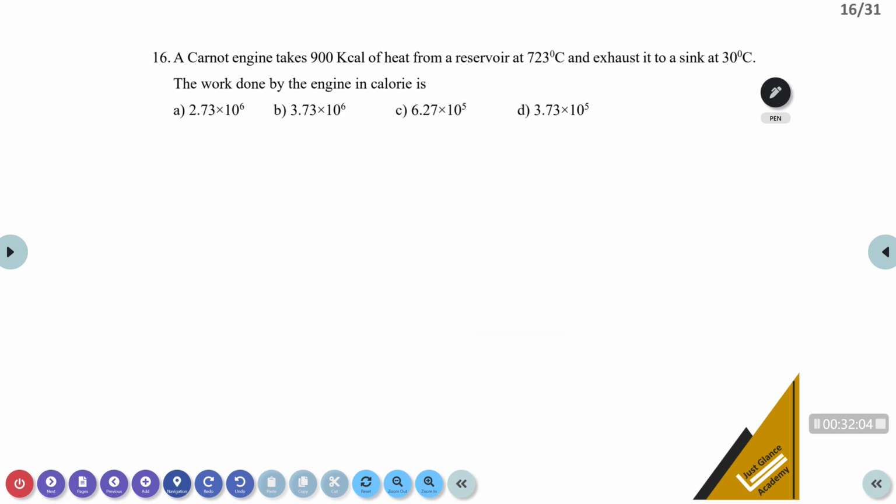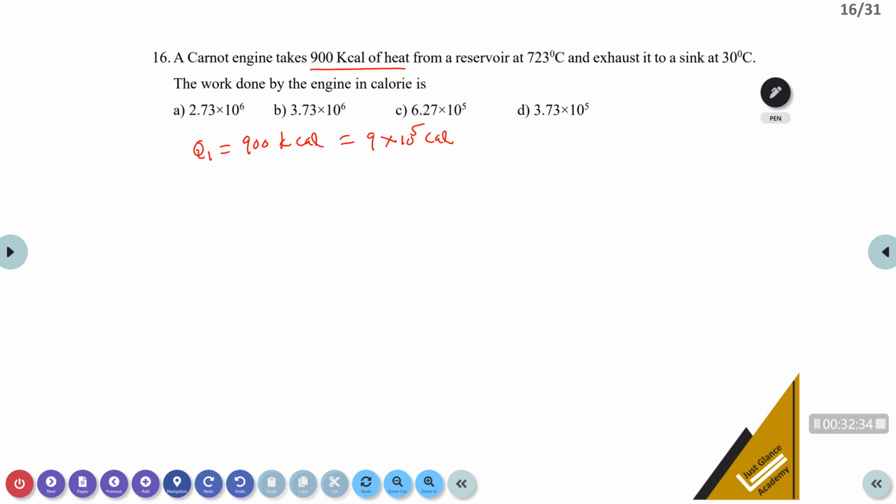Next, 16th. A Carnot engine takes 900 kilocalories of heat from a reservoir. That means Q1 equals 900 kilocalories. This is nothing but, kilo means 9 into 10 to the power of 5 calories.